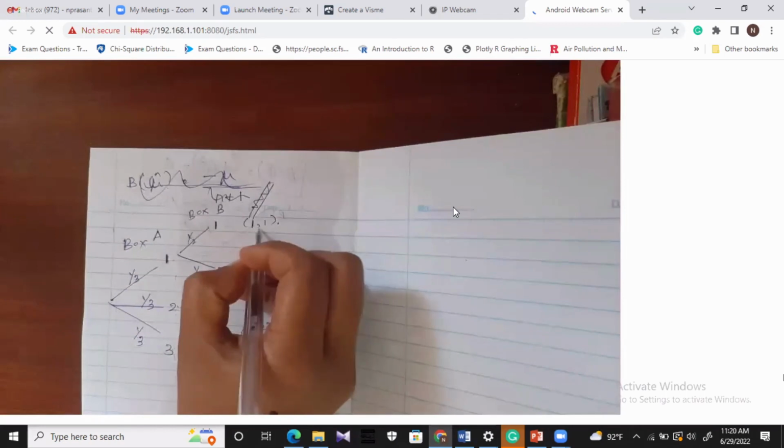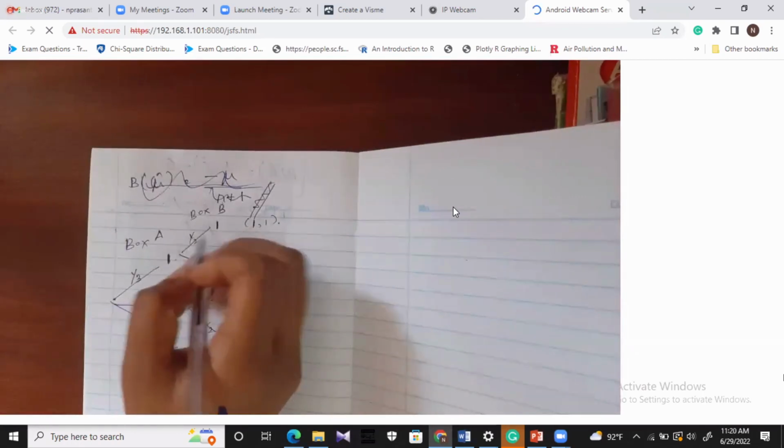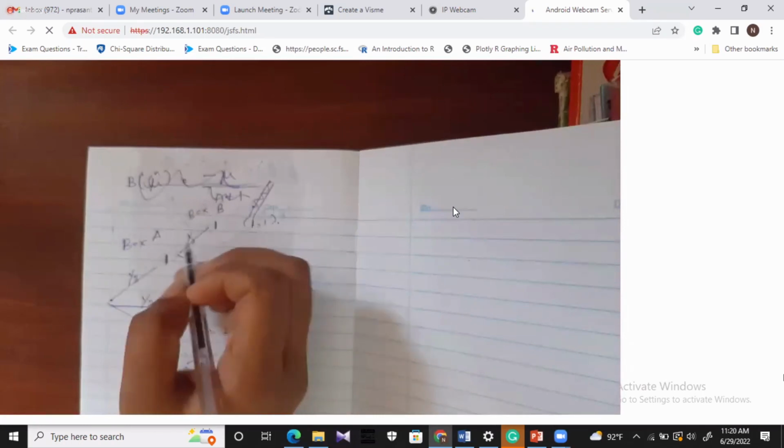So here the pair is 1, 1. Does 1, 1 mean 1 or 1, or 1 and 1? What do you think?